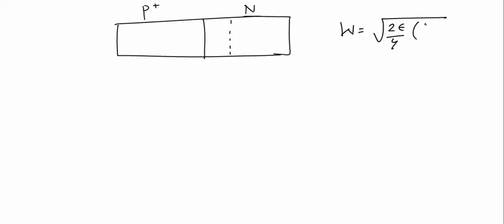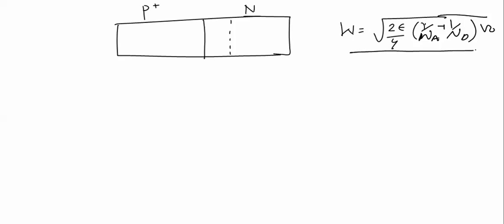If this is a step graded diode, and if it is P plus N, then the depletion layer width equation we already know: it is root of twice epsilon upon Q into 1 upon Na plus 1 upon Nd into V naught.